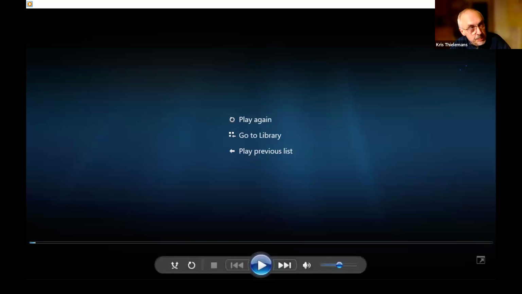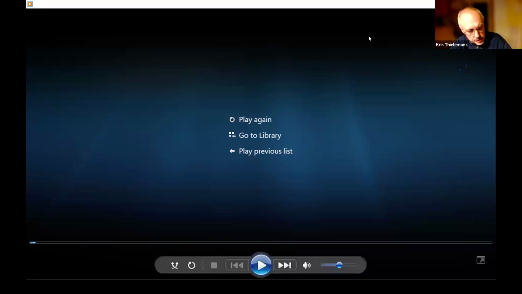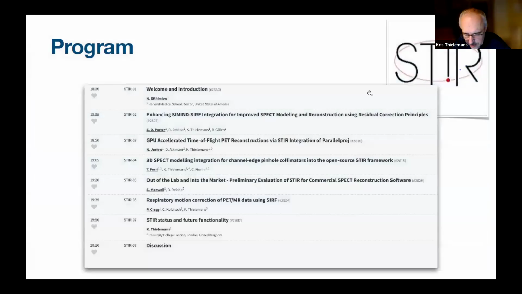Many people do that as a measure of protection, to make sure that people don't run away with their contributions. And if a commercial company wants to exploit your stuff, then they can come and talk to you, and you negotiate some license and get some money or whatever you want to have.